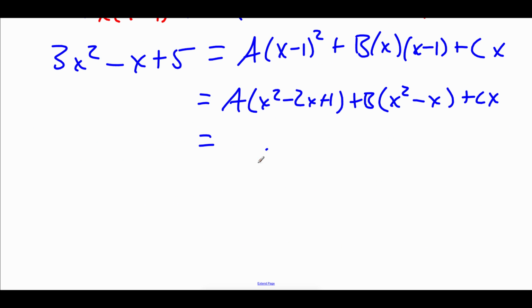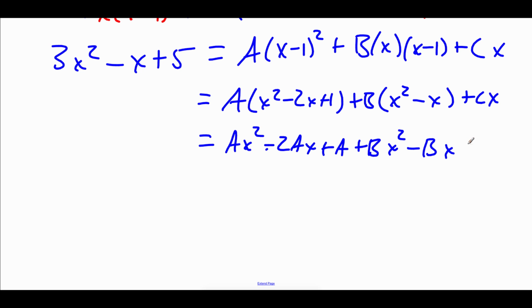More cleaning up to do with the distributive property. So taking a times x squared, we get ax squared. Taking a times negative 2x, we get negative 2ax, and a times 1 is a. If we distribute this b, we get plus bx squared minus bx plus cx on the end, and the left-hand side is still 3x squared minus x plus 5.